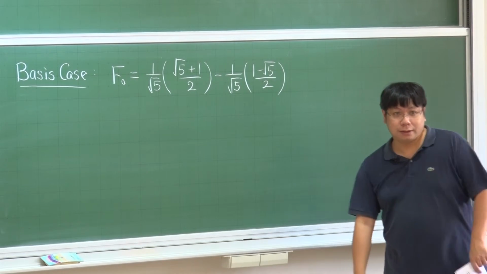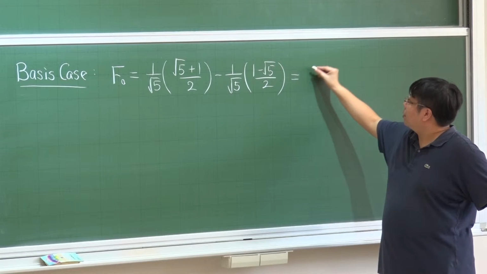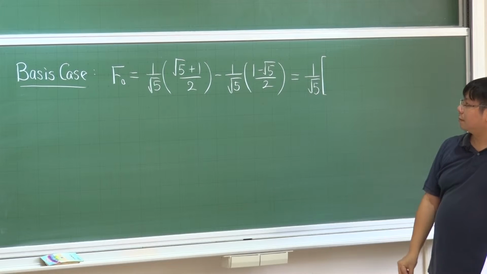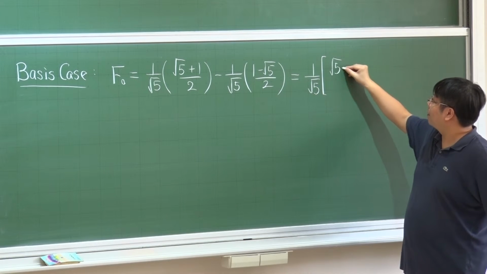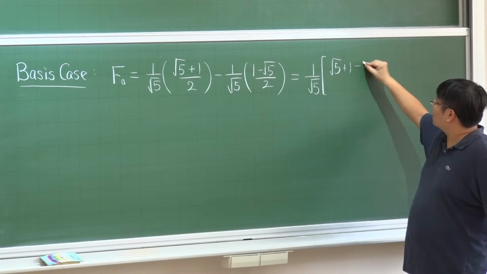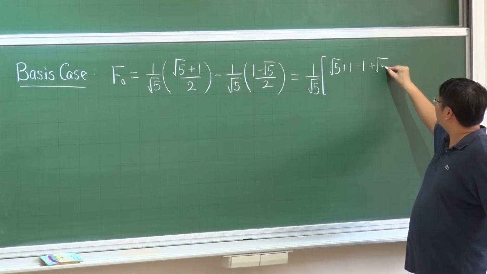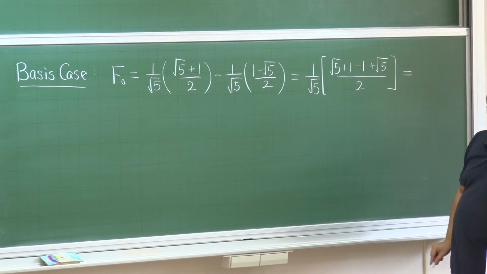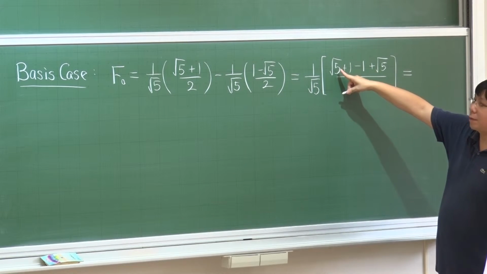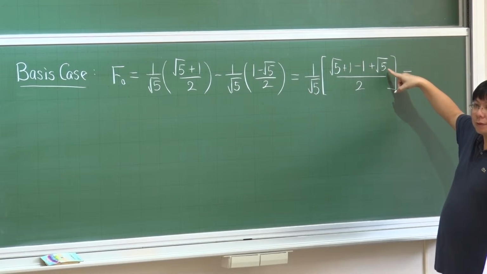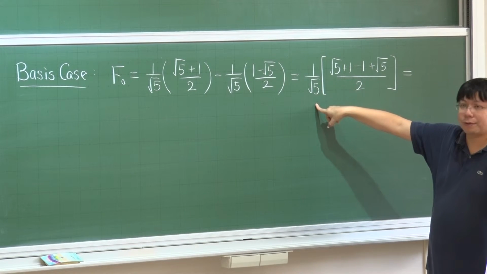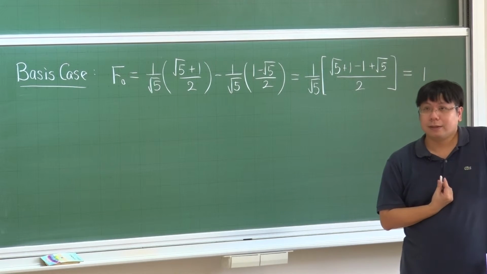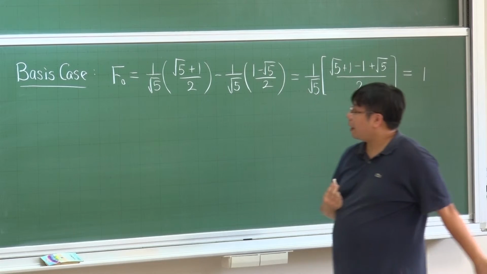So this is equal to 1 over square root 5 times square root 5 plus 1 minus 1 plus square root 5, divided by 2. So it is equal to square root 5 plus square root 5 divided by 2, times 1 over square root 5. So it is equal to 1. Is that okay? So F0 is okay. Now how about F1?